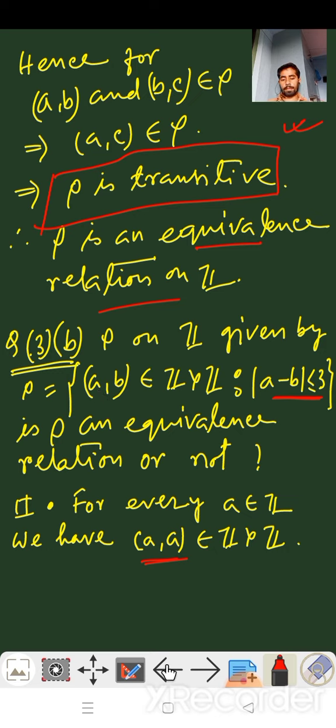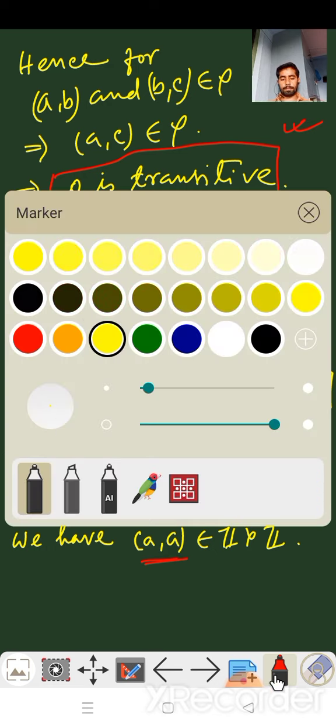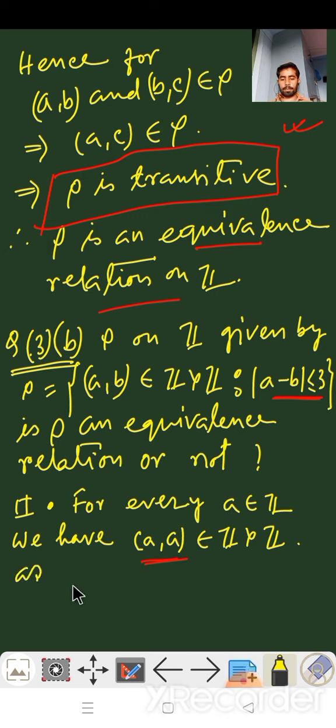Now, as a satisfies this, from intuition we can say that a minus a is 0, and the modulus of 0 is 0, which is always less than or equal to 3. Therefore the ordered pair (a, a) belongs to rho also, as the modulus of a minus a equals mod of 0, which equals 0, which is less than or equal to 3.